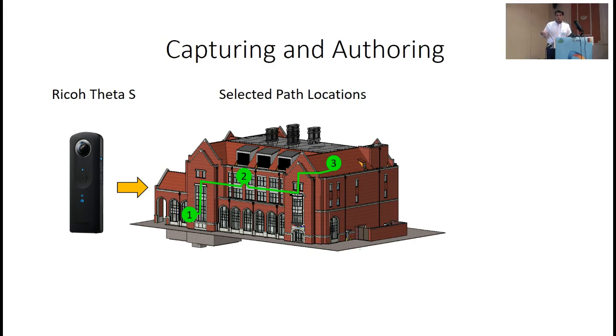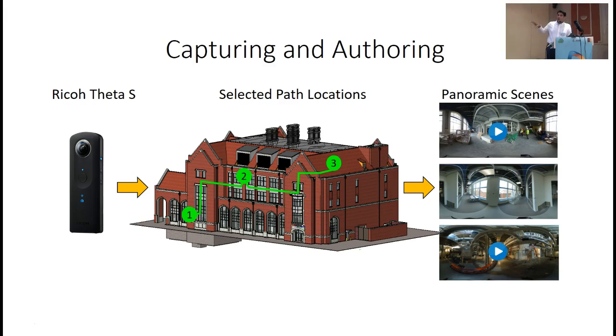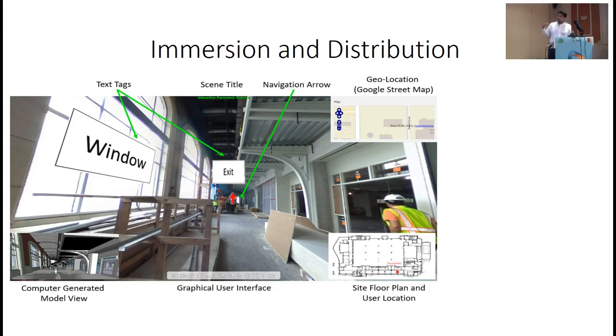We captured over 42 images and 9 videos, and those were automatically stitched by the camera, which is very convenient because the post-processing is only doing the augmentations. We only selected 3 of those to keep it simple for the pilot study. And then we did our immersion step where we added data over the pictures.